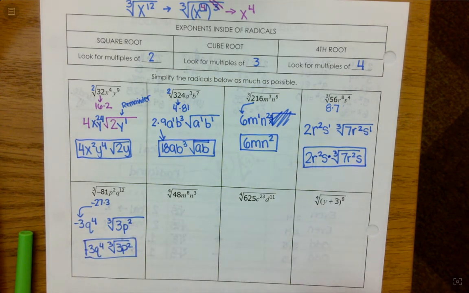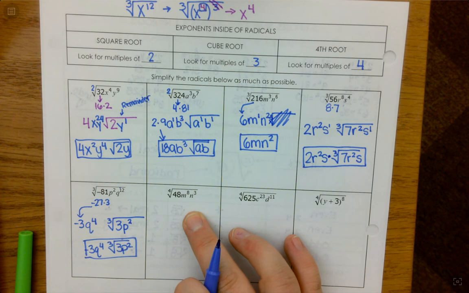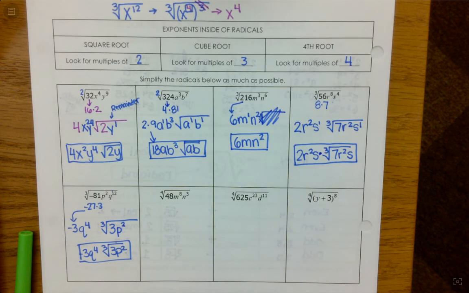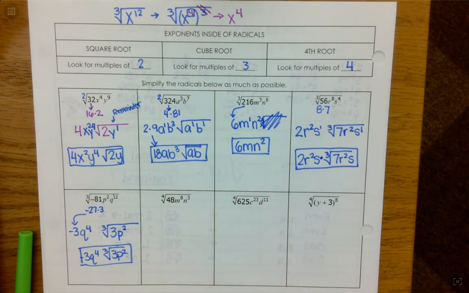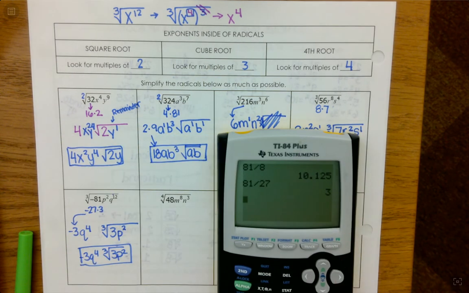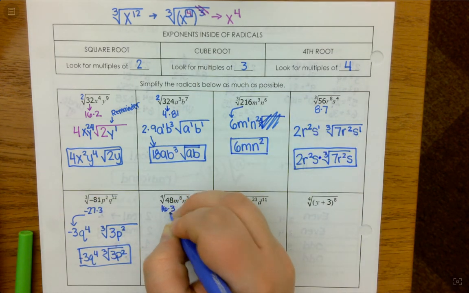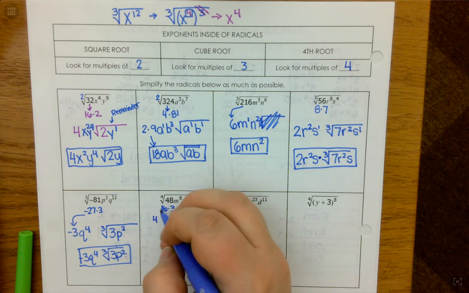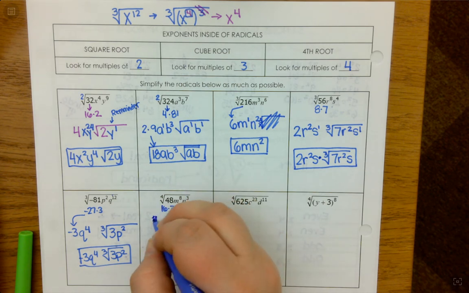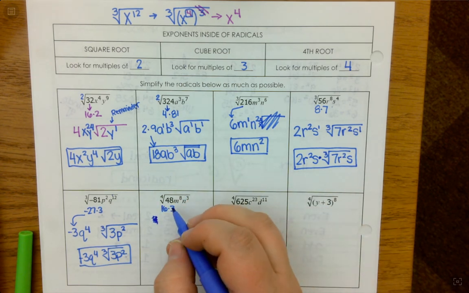And then I'm only going to do one of these next two just to keep things a little bit shorter. I'm going to do this one. So 48 is not a perfect fourth root, so I'm going to try dividing it by ones that are. Like 16 is our first one. There we go. 16 times 3. Hang on, sorry. Then I need to do the fourth root.